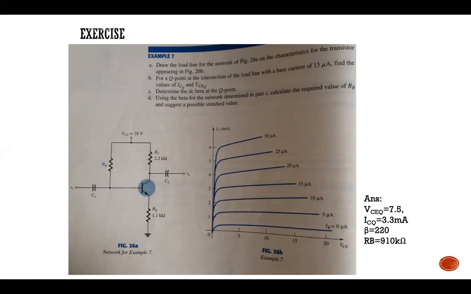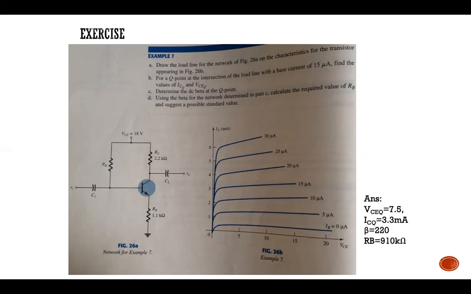So this one is another example. Given the emitter bias configuration circuit and its collector characteristic curve.